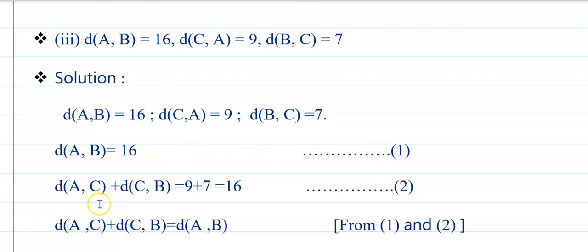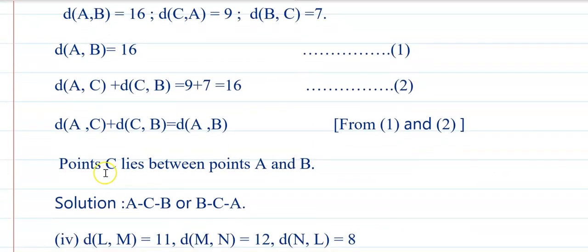Distance AC plus distance CB is equal to 9 plus 7, that is equal to 16. And hence from 1 and 2, distance AC plus distance CB is equal to distance AB. In this case, which point is common for these two distances? C is the common point, and hence the point C lies between A and B. It can be written as A-C-B or B-C-A.